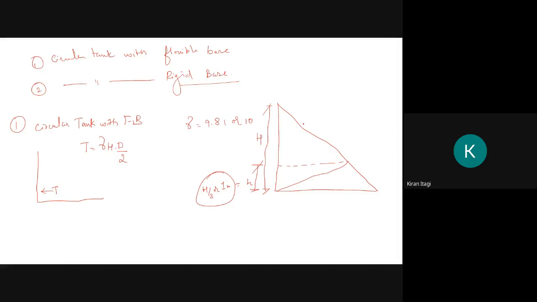This part is the load taken by hoop action, this is for the rigid base. And this one is the load taken due to cantilever action.